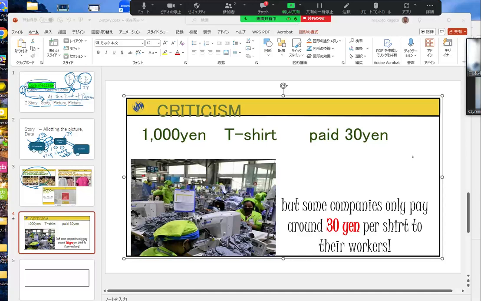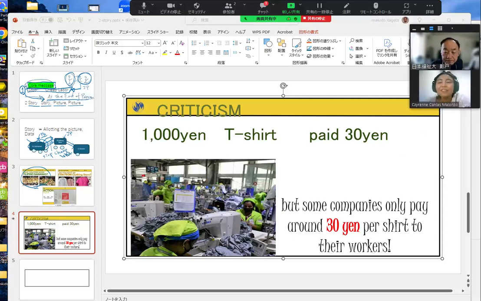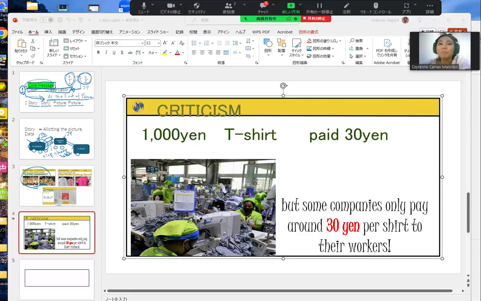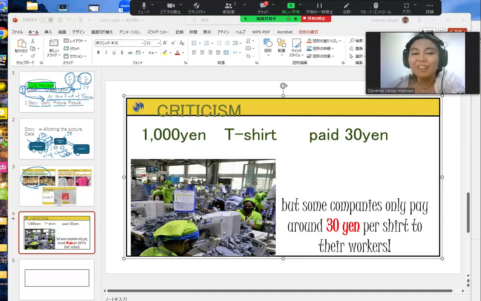So this is another example of cheap labor. Now, in Japan, there are shirts that are sold for 1,000 yen. But in fact, the people who actually made these shirts were only paid around 30 yen for every shirt that they make.